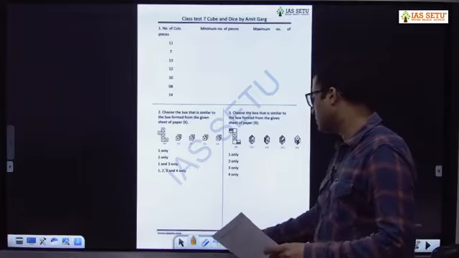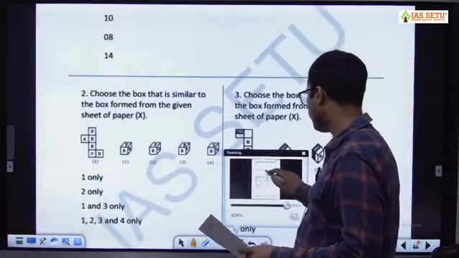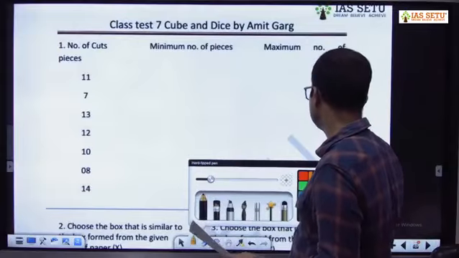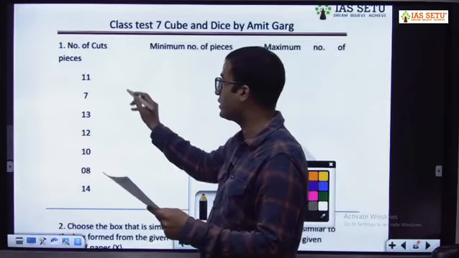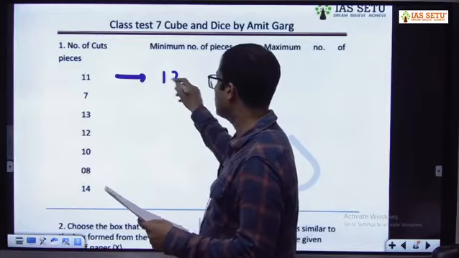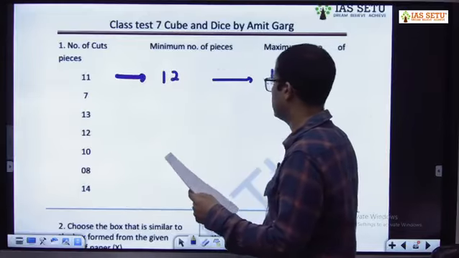So now here are the answers. The number of cuts is given, and the minimum and maximum pieces are asked. So 11 cuts, minimum pieces 12, maximum pieces 100.